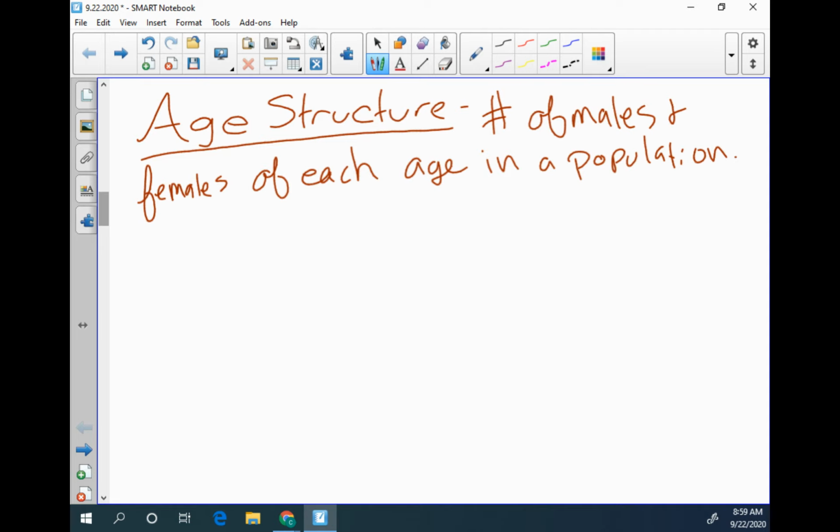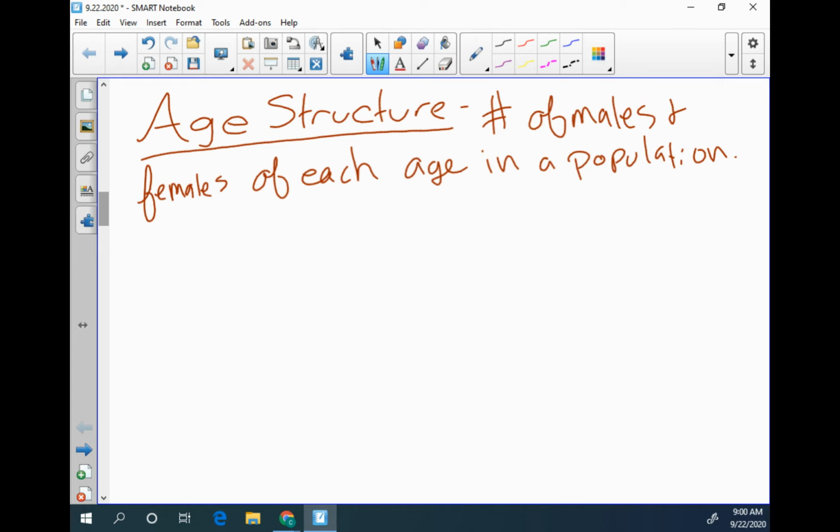So if we look at an age structure diagram, it'll show us that there are this many males and this many females who are under the age of 3, this many males and this many females that are 3 to 14, this many males and this many females that are 14 to 27, and on and on, up until it gets too high for the organism to be alive anymore.